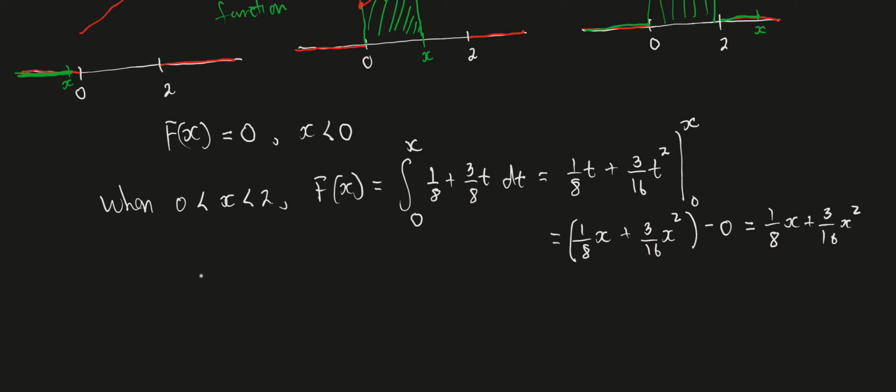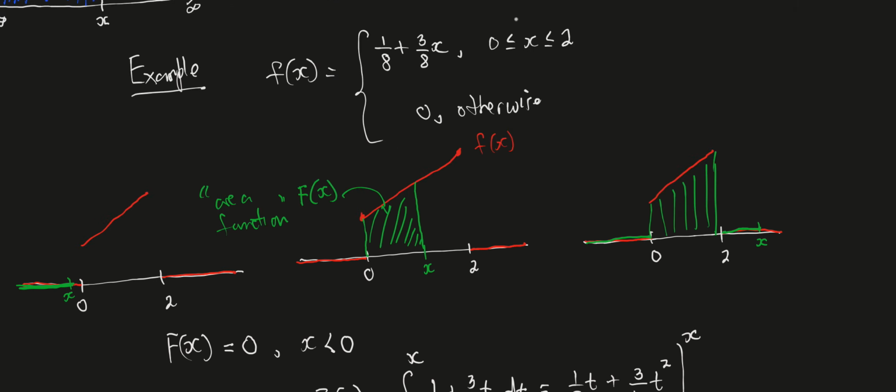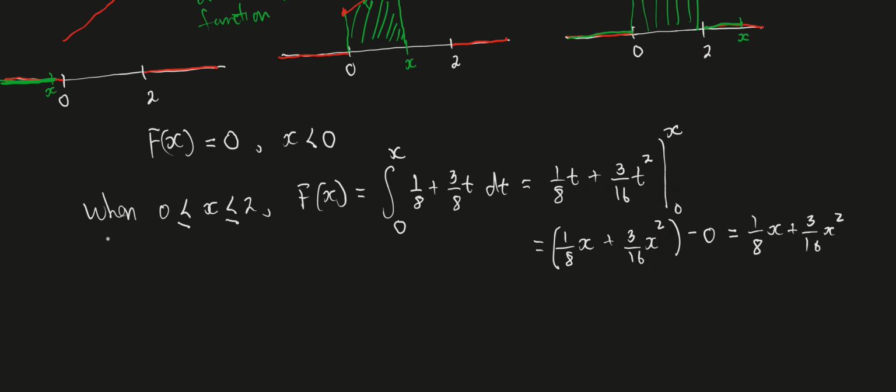Actually, I can put the equal sign either place. Let me put the equal sign here, consistent with how it was defined in the problem. So here is my sample space, and once you go beyond your sample space, when x is strictly greater than 2, we would have accumulated all the possible probability, and my CDF would return a value of 1.